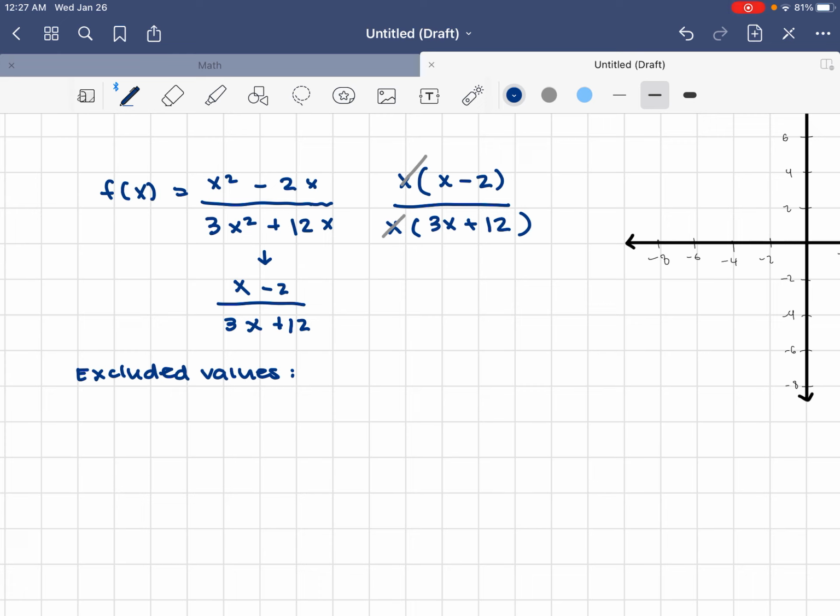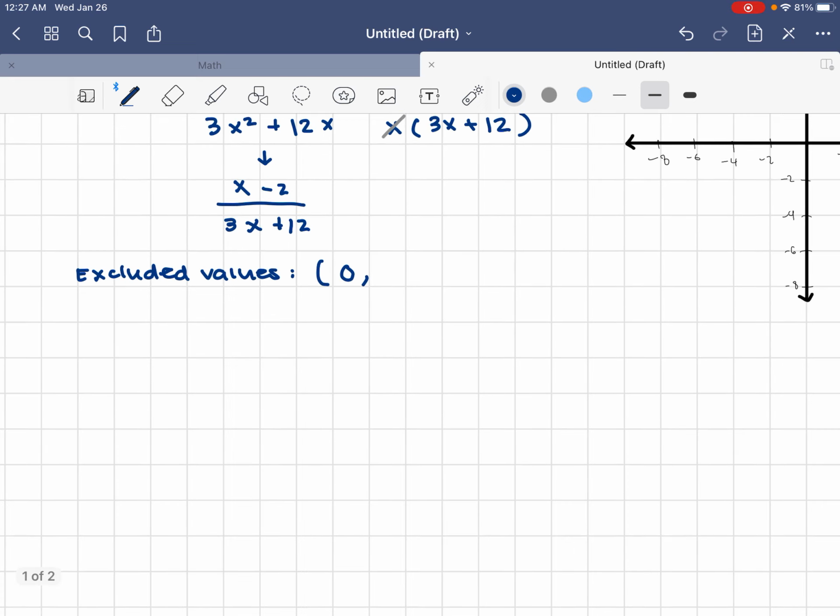So when x cancels out, that means a common factor is 0. And so now that we have 0, we're going to need to find what the y of this coordinate pair is. So to find that, we're going to plug 0 into our function to find y.